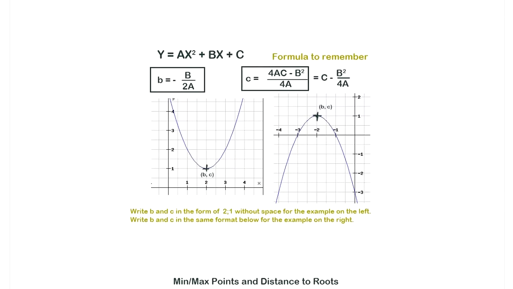So again, you can do that by factoring, or if factoring is not easy, you can always use this formula, B and C. So you can easily get the min and max.